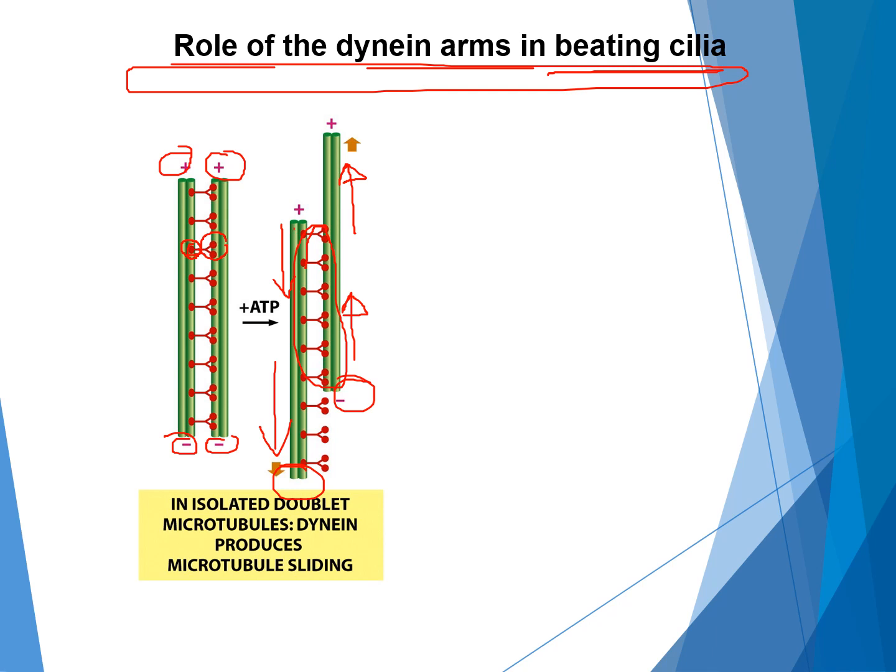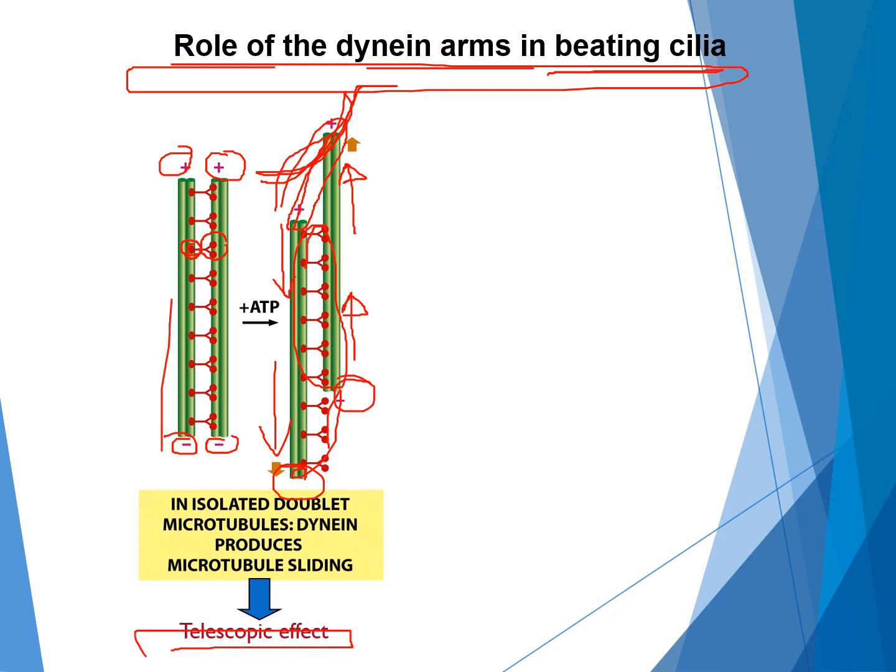All right, if they have the fixed anchorage at the positive end and fixed anchorage at negative end, for sure it will cause a bending of membrane at this side. All right, this is what we call the telescopic effect because of the additions in terms of total length.